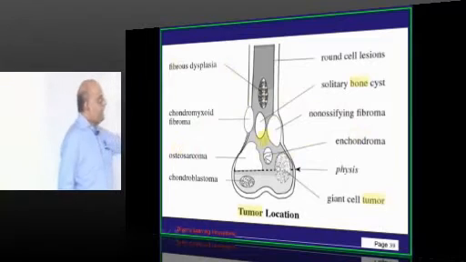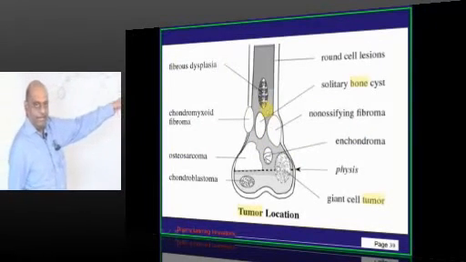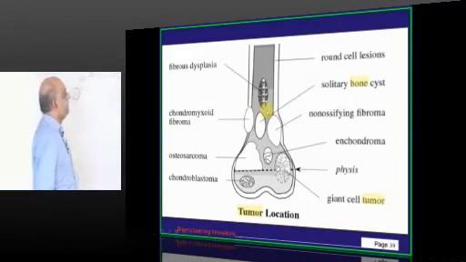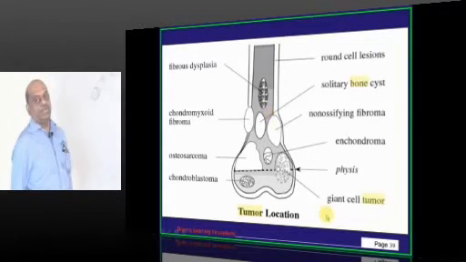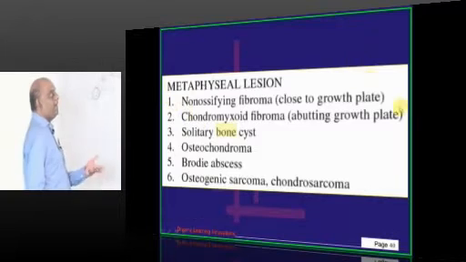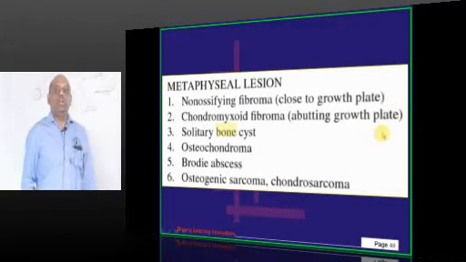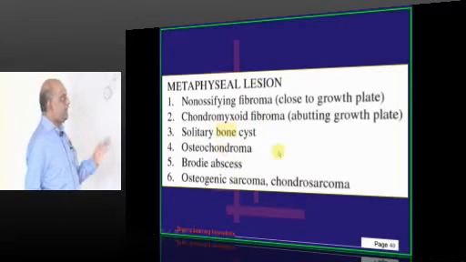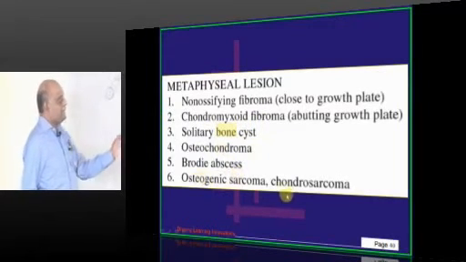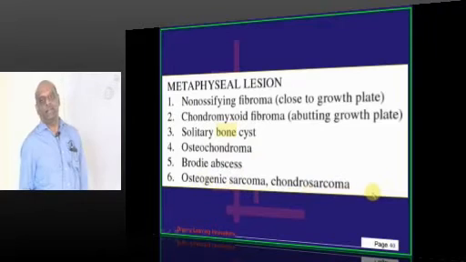So where does fibrous dysplasia occur, doctor? Diaphysis. Then what are the tumors which are metaphyseal? Non-ossifying fibroma, chondromyxoid fibroma, solitary bone cyst, osteochondroma, Brodie's abscess, osteogenic sarcoma, chondrosarcoma, they are all basically what? Metaphyseal.